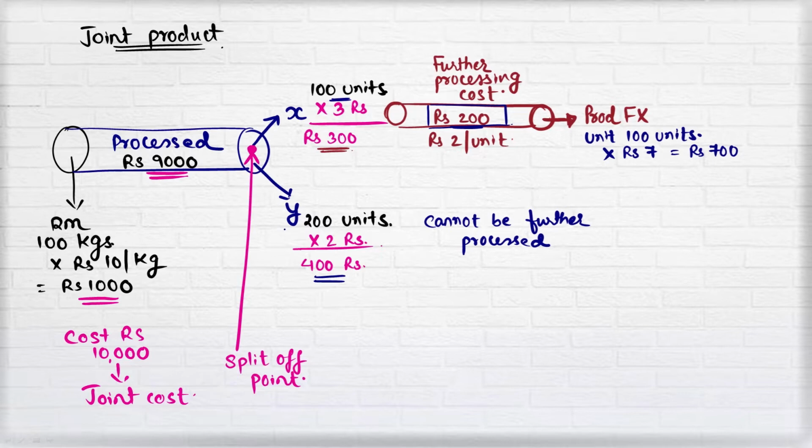What do you advise to the company whether they should further process X or not? I am directly asking you decision making after explaining you the base. What do you think? See, always how you should take the decision. What is the decision? Whether we should further process or not.